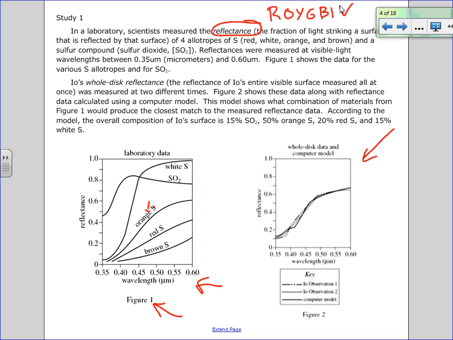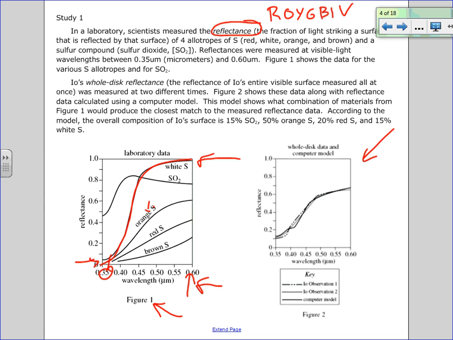I looked at the graph and the top, the highest one and low. Yeah, all right. If you look for white S, that's this line right here, and you'll notice the reflectance is way higher up here, which is for this 0.6 micrometer light, and it's way low down here when we're talking about like 0.35 micrometer. All right, so for white S, the higher the wavelength, the more it reflects.